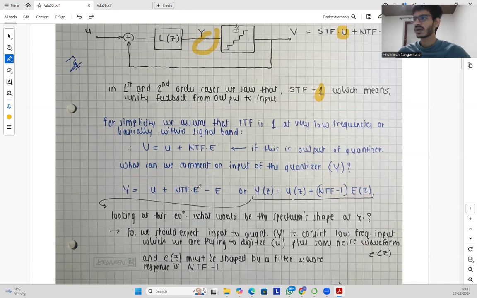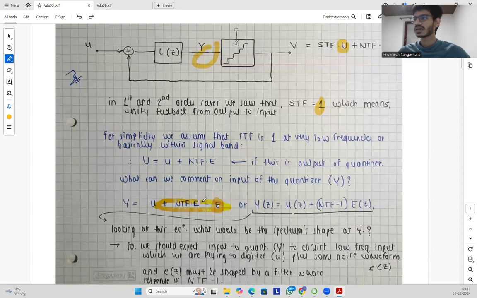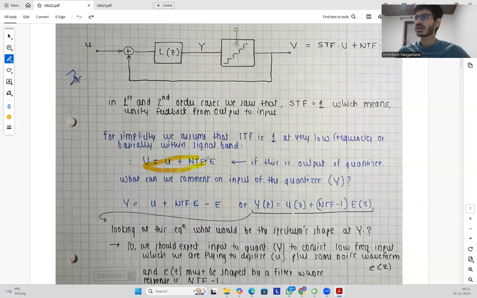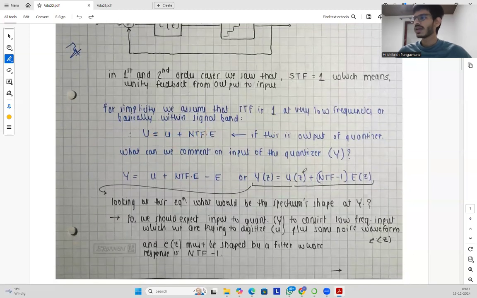We have over here NTF times E minus E. So it's basically NTF minus 1 times E of Z, and this is nothing but realizing what is the input to the quantizer based on this relation. So we have Y of Z equals U plus NTF minus 1 times E.